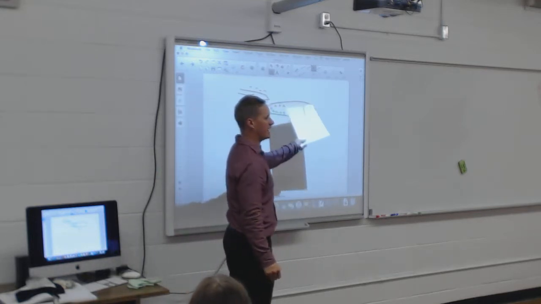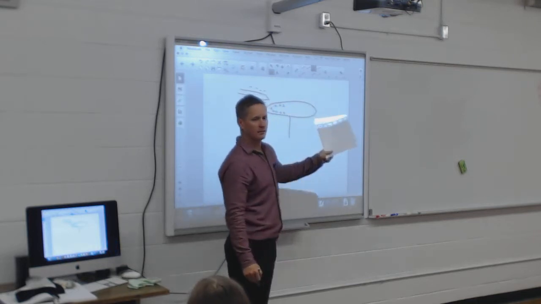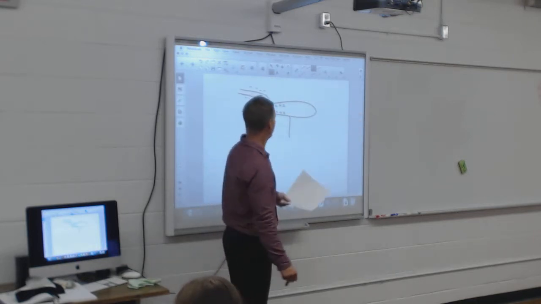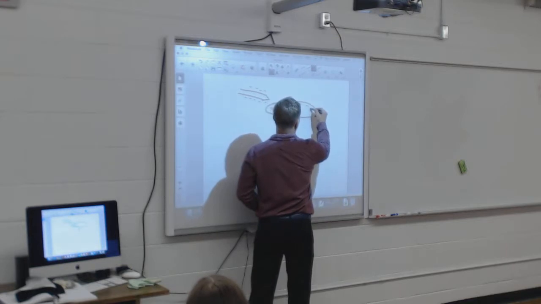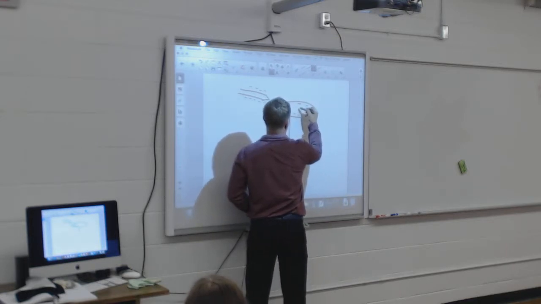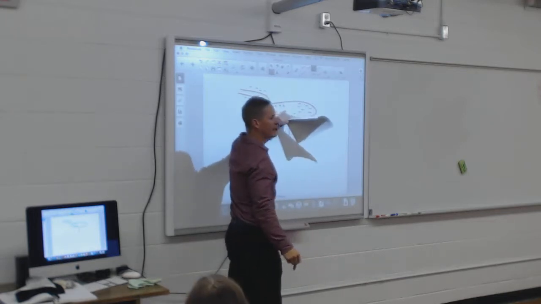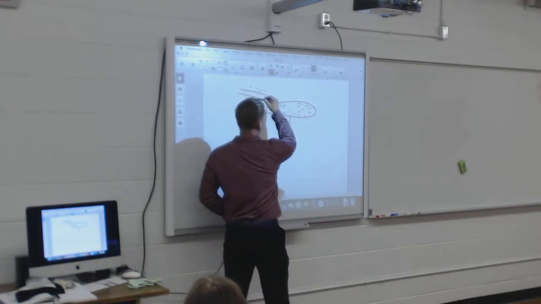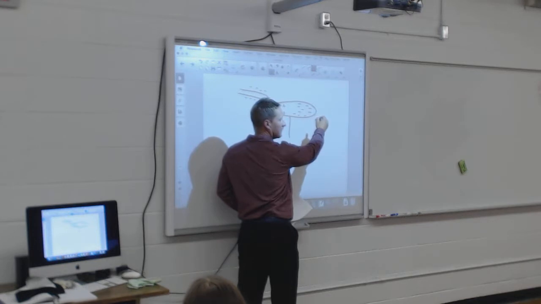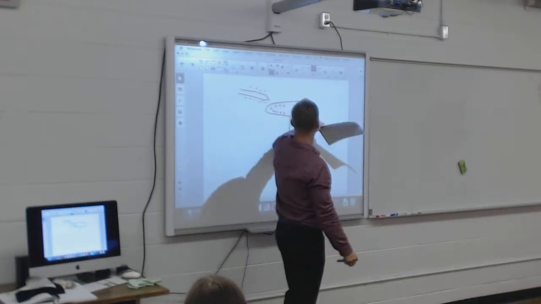If this is negative, what happens here? That's right. The positives are going to attract to it and the negatives are going to repel from it, right? And so that's what happens. And then if they actually touch, these negatives flow into here and induce a negative charge on it, because you're going to have more negatives than positives.